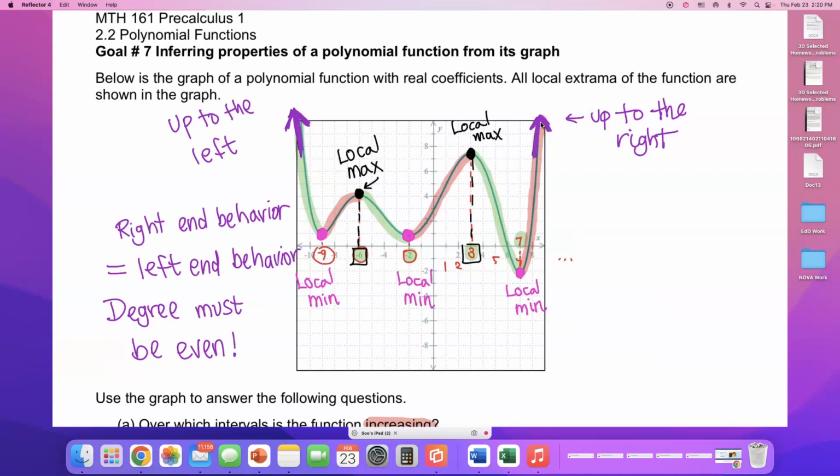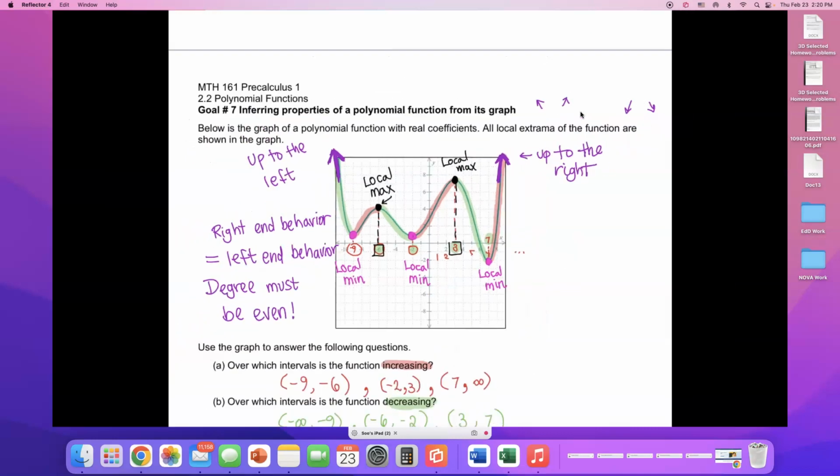The biggest exponent of this function must be an even number. When the right end and the left end are doing the same thing, it could be up, up, or it could be down, down. If they are doing the same thing, then the degree must be even.